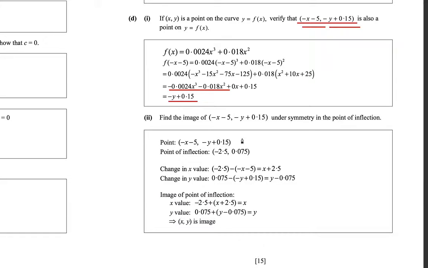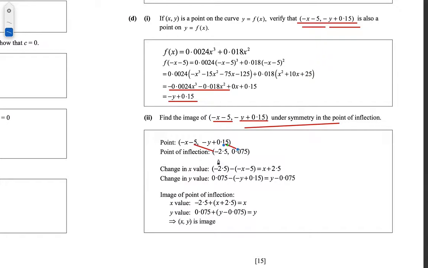Basically, you want to see what do I have to add to the x coordinate and to the y coordinate to get the point of inflection. What do I have to add? What changes do I have to make to get to this point of inflection? So to go from here to here and to go from here to here.